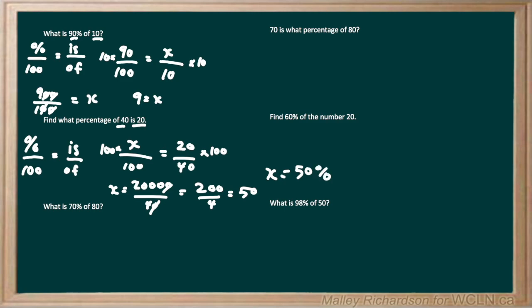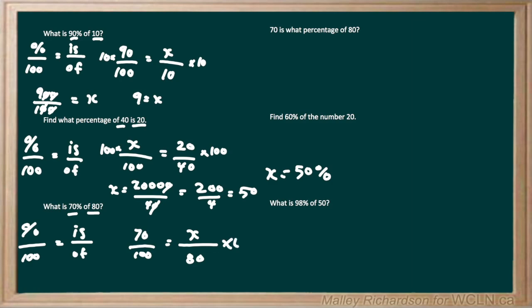Now the next question asks, what is 70% of 80? So again, we start off with our percent over 100 equals our is over of. We have our percent and we have our of, so we just need to find is. So percent is going to be 70 over 100 equals our is, which is our unknown, so we're going to replace with the variable x, over of, which is given to us to be 80.